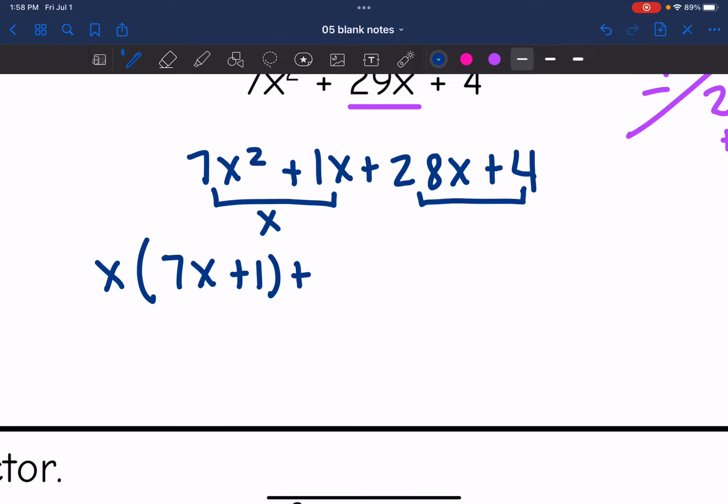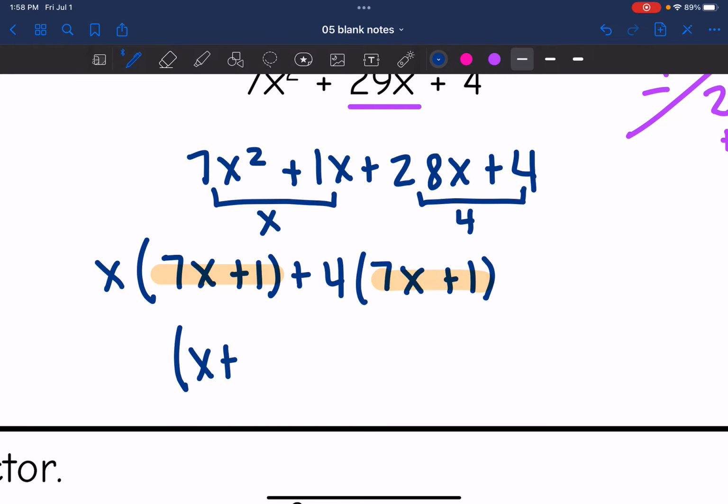GCF of the second group would be 4. 28x divided by 4 is 7x, and 4 divided by 4 is 1. So now I have those common binomials that I can factor out. So my two groups would be x plus 4 and 7x plus 1.